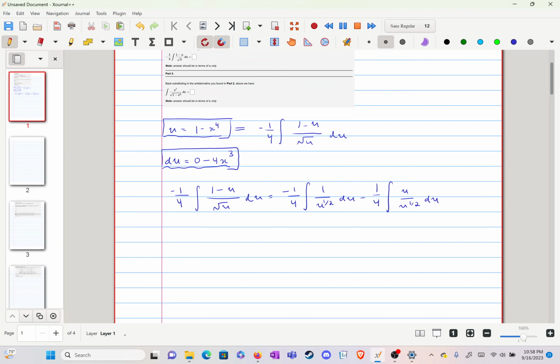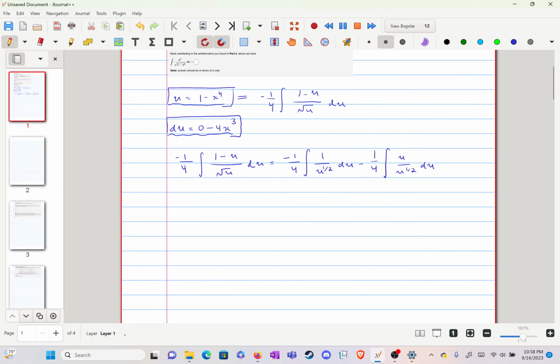Now, I'm going to rewrite this and evaluate it: negative 1/4, and it's going to be 2 u to the 1/2, or no, let's rewrite that, 2 u to the 1/2, minus 2/3 u to the 3/2.